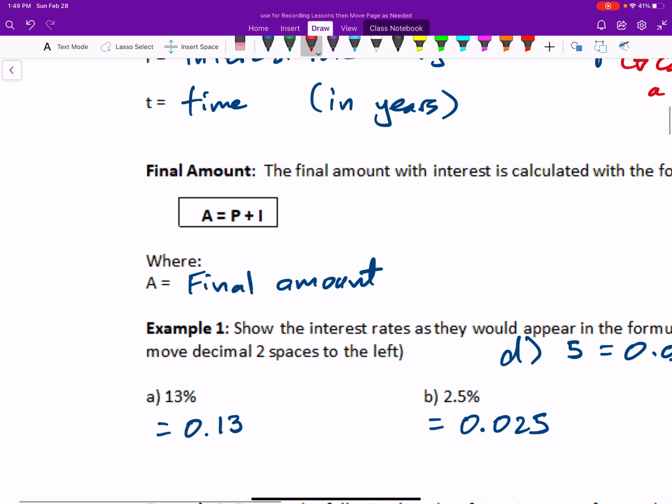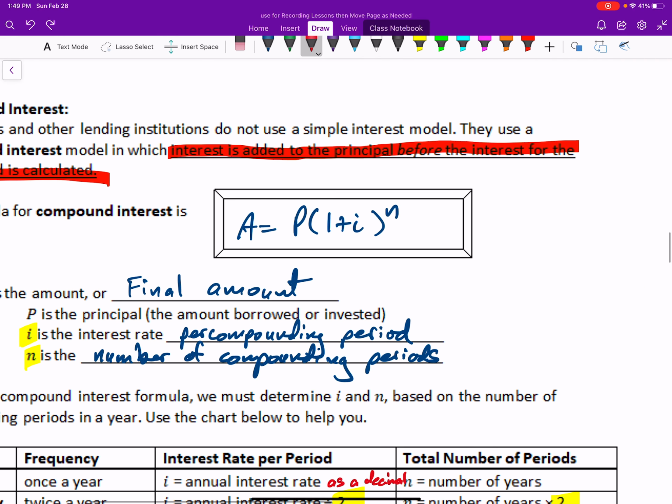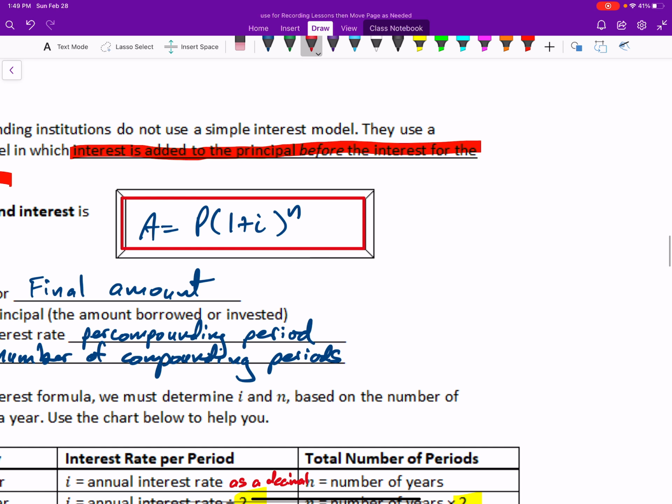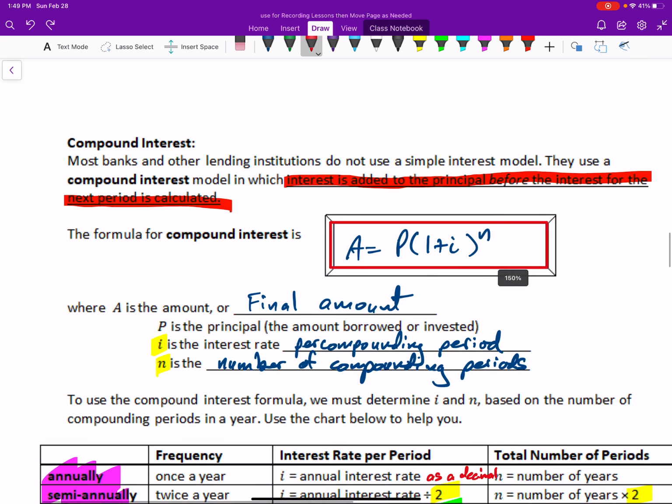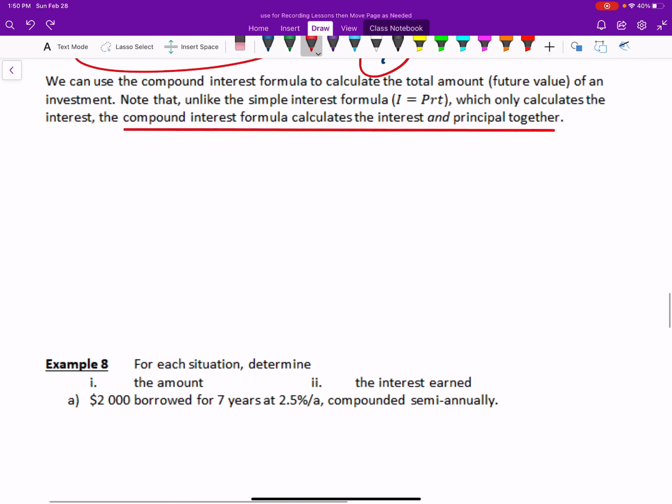We had to get I first and then add it back to the principal. Well, the compound interest formula, this one here, has it built together. A is given here. All I do is take the principal and multiply it times 1 plus I to the exponent n, and it gives me that final amount. If I wanted to find the interest dollar amount, I would have to actually subtract the principal from the final amount to get it.